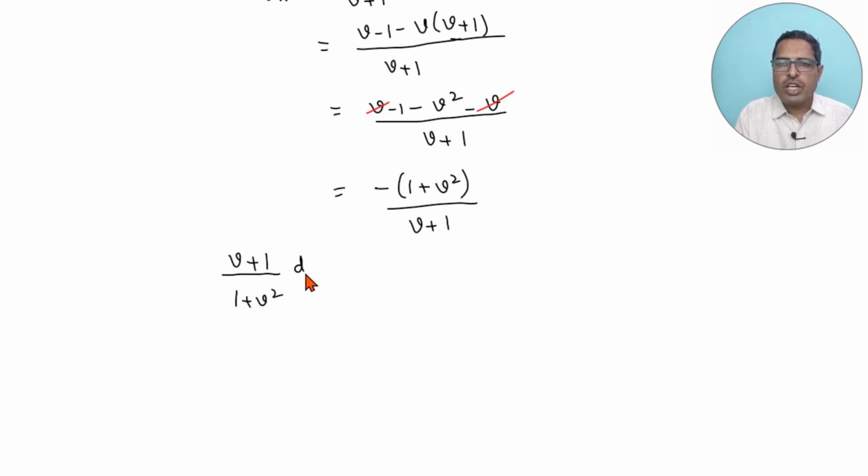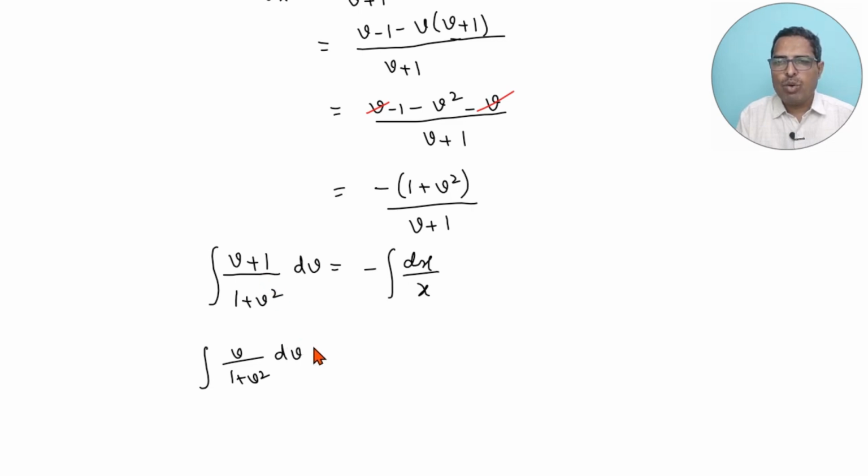So on this side dv is being retained, minus sign will remain as it is, cross multiply that dx, it becomes dx by x. Now since they are in variable separable form, you can just integrate on both the sides. Now let us try to split this one. It becomes integral of v divided by 1 plus v square times dv.